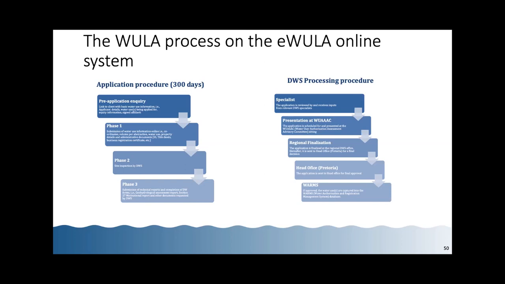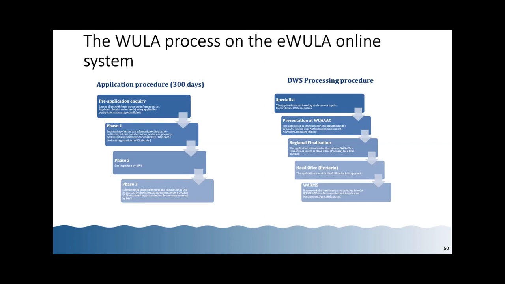This report gives the motivations as to why your water use needs to be approved. It looks at things like what you're going to use the water for. Have you looked at other sources of water? What are the economic benefits of approving this water use? It looks at several aspects.